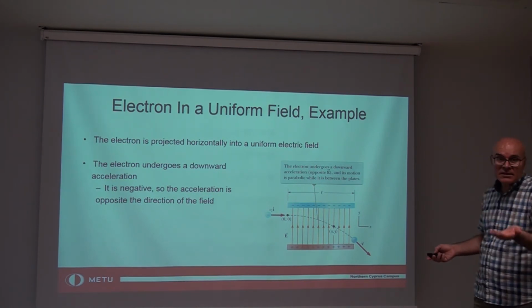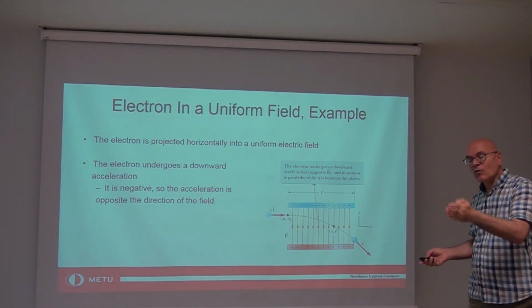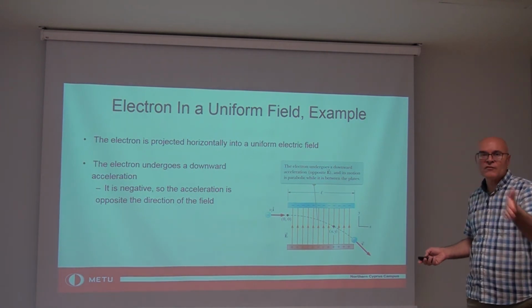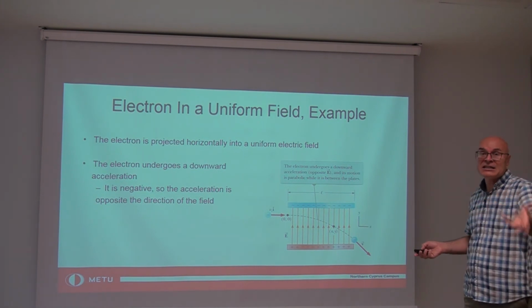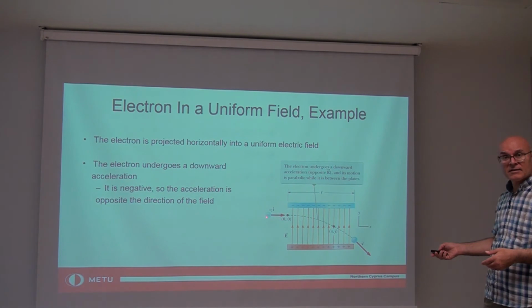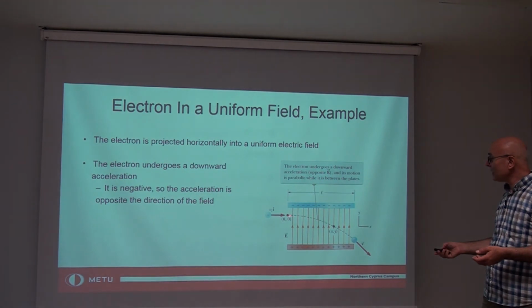So the acceleration of the electron will always be downwards. But this doesn't mean, as usual, that the direction of the force and acceleration and the direction of the motion need to be the same if the particle has an initial velocity. This is the case here. So we have the electron entering here with a given velocity.